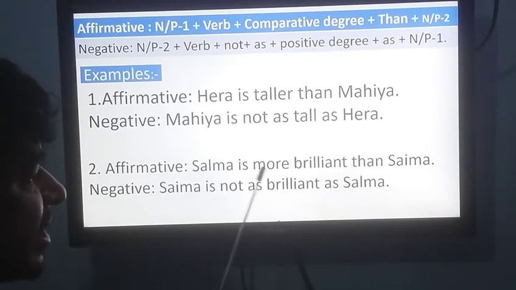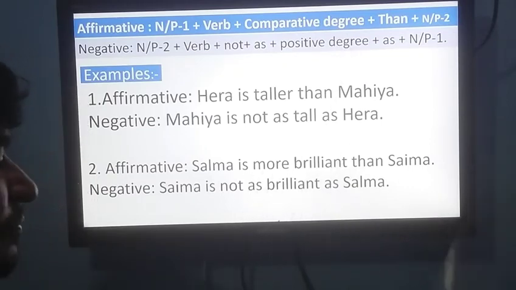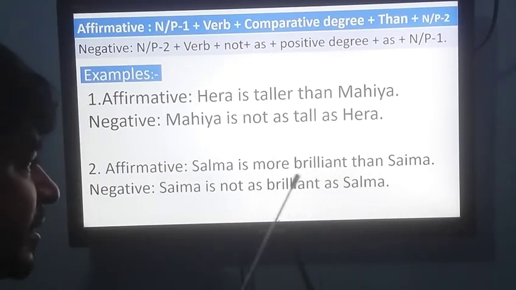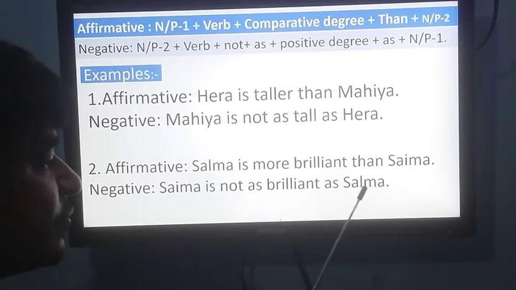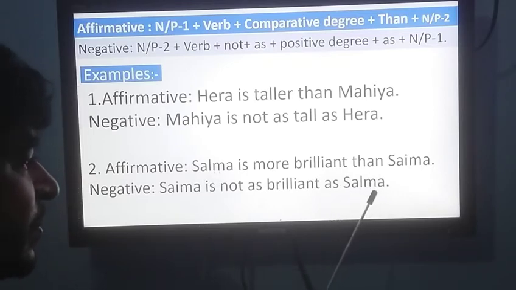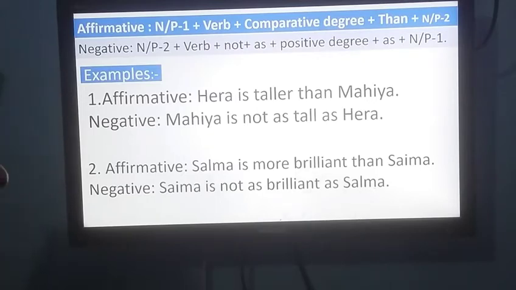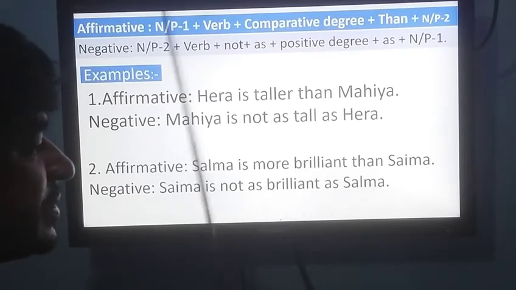"More brilliant" is the comparative degree, so we have to use the positive degree of that comparative degree. "More brilliant" has become only "brilliant". Then "as", then we have to use noun pronoun 1, Salma. Saima is not as brilliant as Salma.